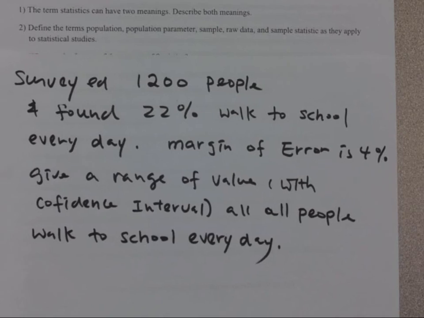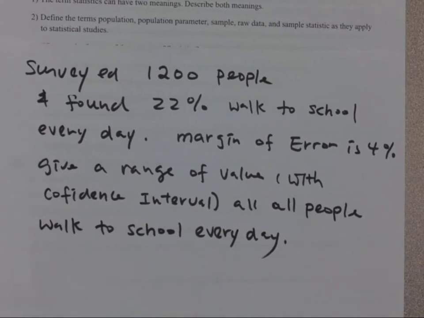If I ask you some other random question, what is the population here? Is the 1,200 people your population? No. That's your sample. Okay. What is the population? Like, just people, right? So all people would be the population. And the sample would be the 1,200 selected, right?